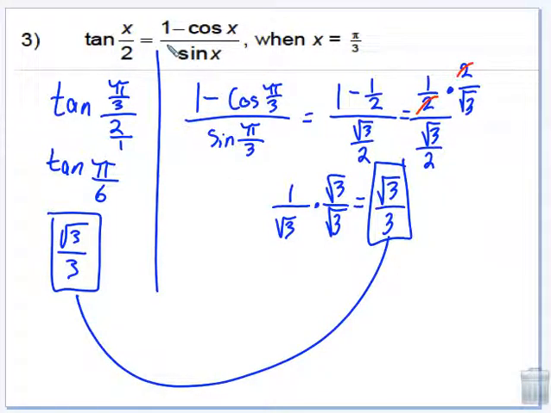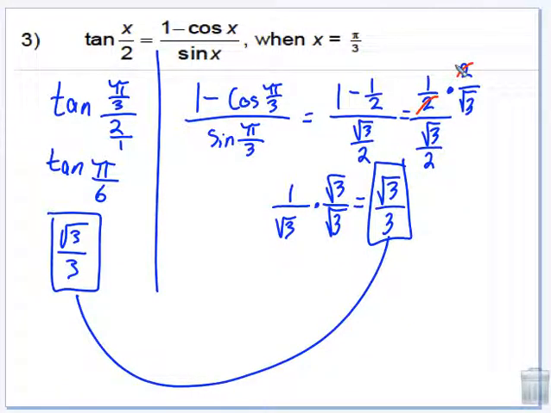And then on the right side, plug it in: 1 minus cosine pi over 3 divided by sine pi over 3. On the trig table, we know that cosine pi over 3 is 1/2, and sine pi over 3 equals square root of 3 over 2. And then 1 minus 1/2 is just 1/2 divided by square root of 3 over 2.